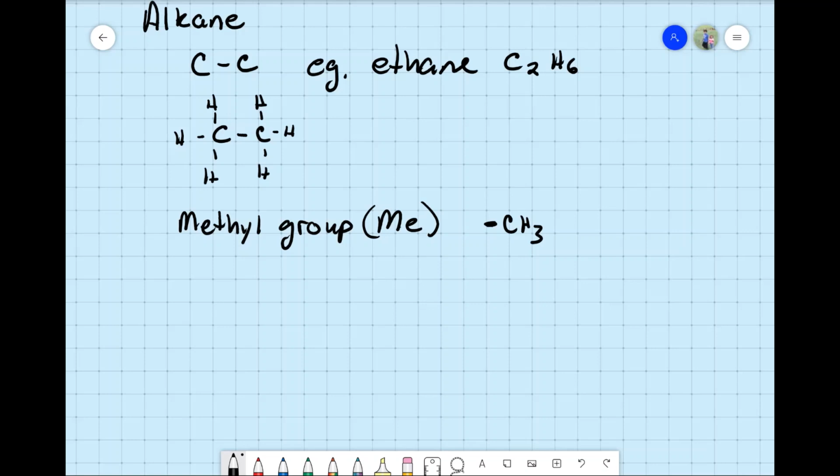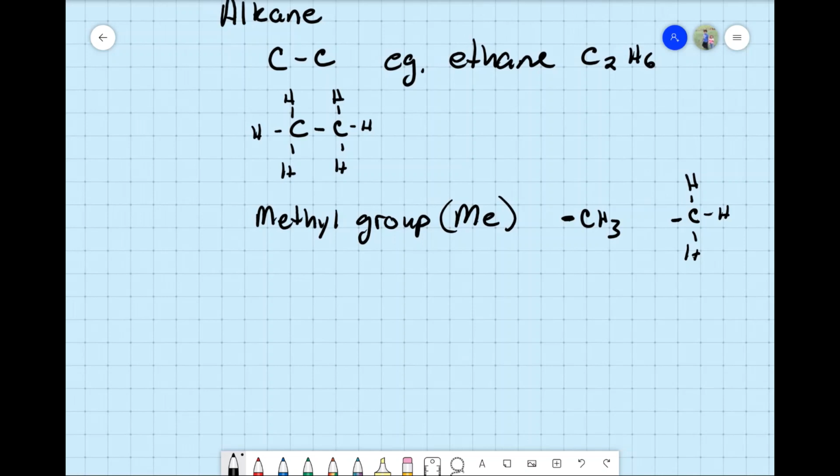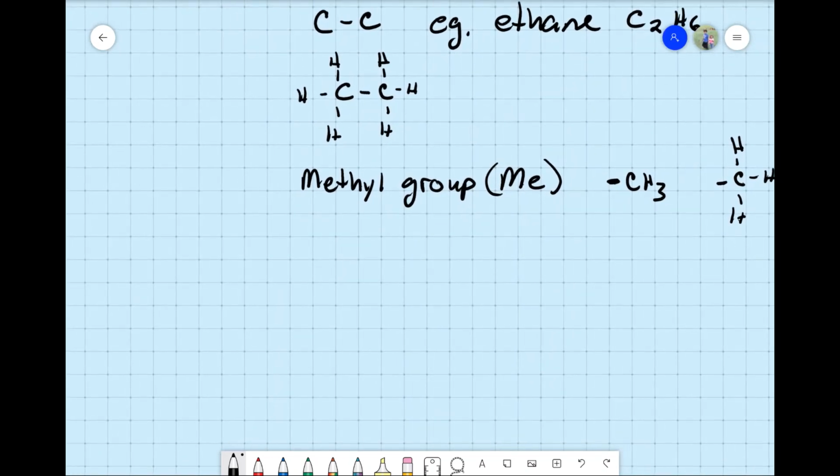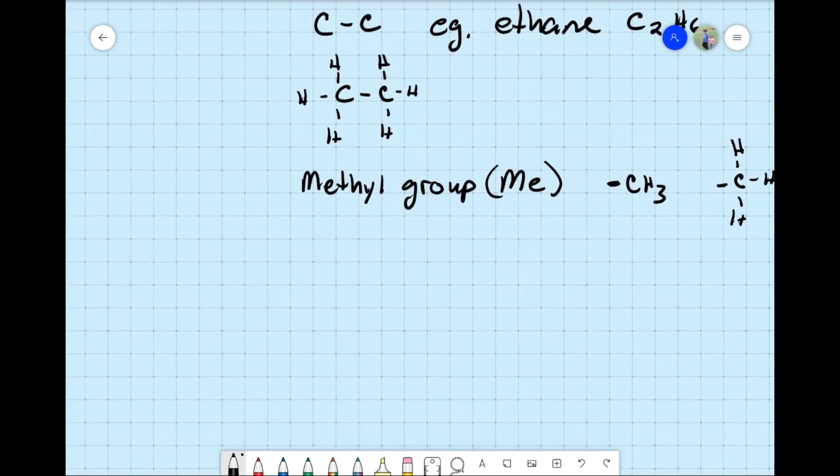So this dangling bond, as it were, on the carbon, and I can draw it this way, actually allows it to bond with something else, okay? Because it wants to satisfy this, I call it a dangling bond. It wants to have a friend, basically. Another alkane is an ethyl group.